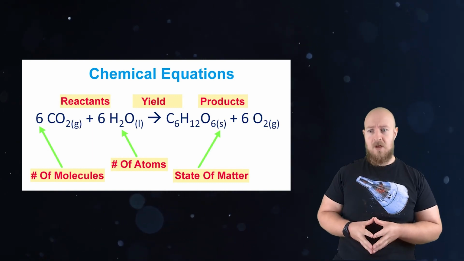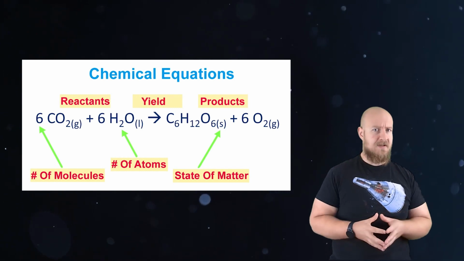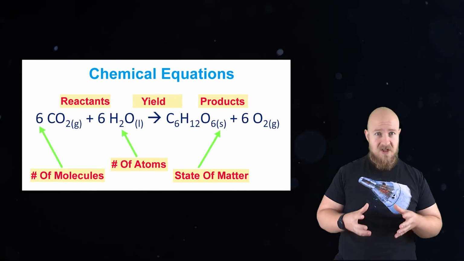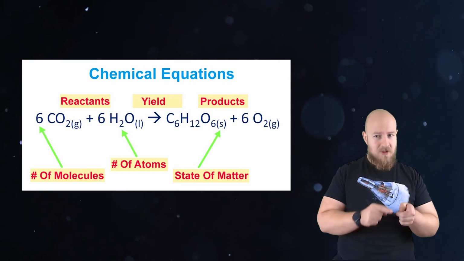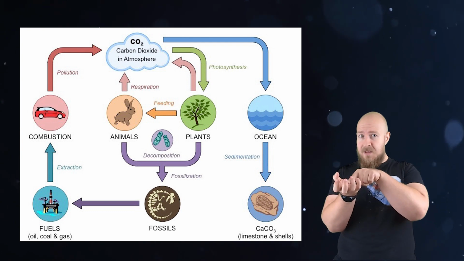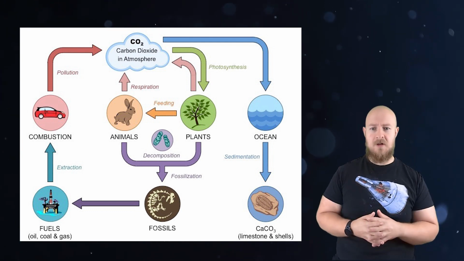Photosynthesis, for example: carbon dioxide and water react to produce glucose and oxygen gas. And the whole point of knowing chemistry is understanding how to track those carbon atoms. The carbon in the CO2 is the carbon that ends up in the glucose after photosynthesis has occurred.